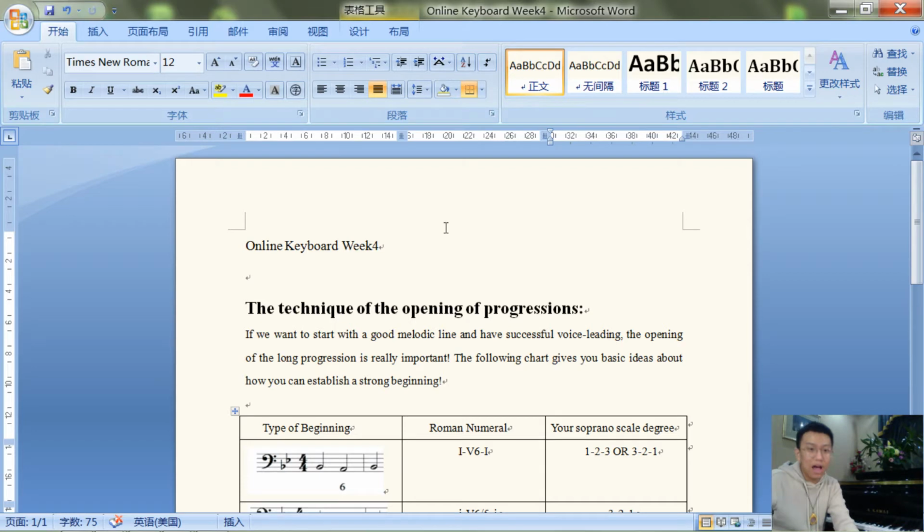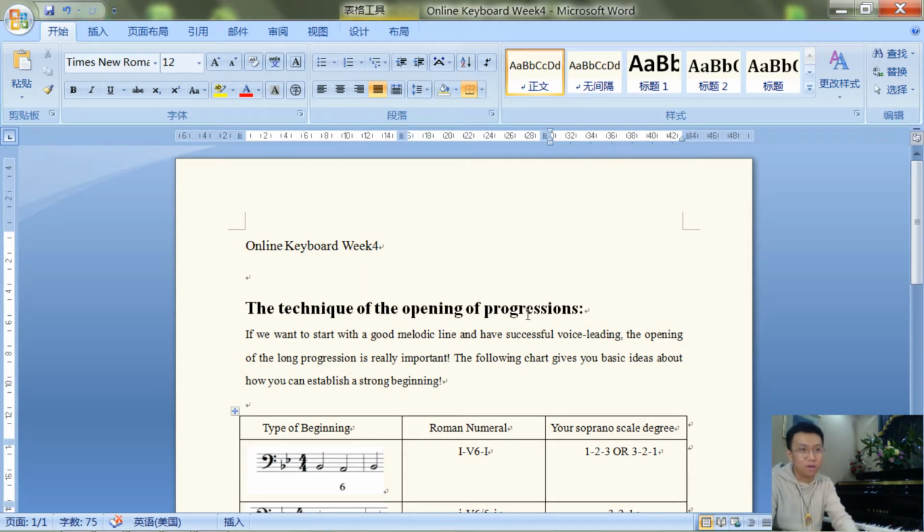Today, I want to introduce a really important part: the technique of the opening of progressions. When you want to make a beautiful progression, for example, if you want to do the long progression exercise, you must think that your beginning is strong, like when we make a craft.